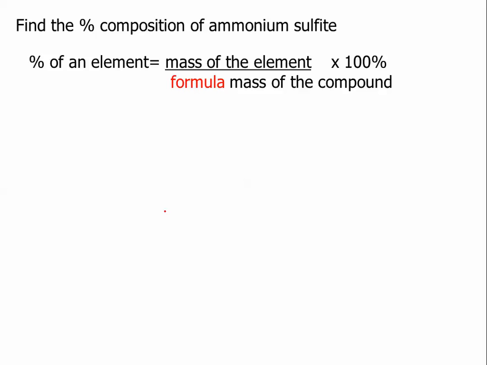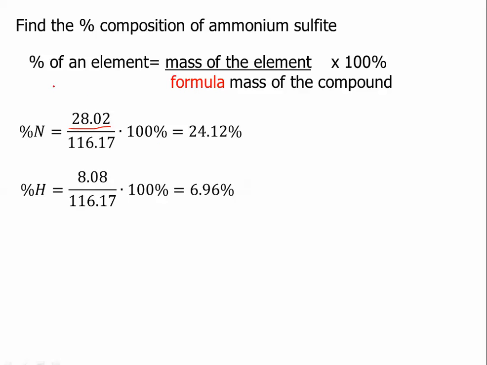So next thing we need to do is go back to this formula. The percentage of an element is the mass of the element divided by the formula mass times 100. So for nitrogen, it contributed 28.02 divided by 116.17 times 100%. We get 24.12% for nitrogen.